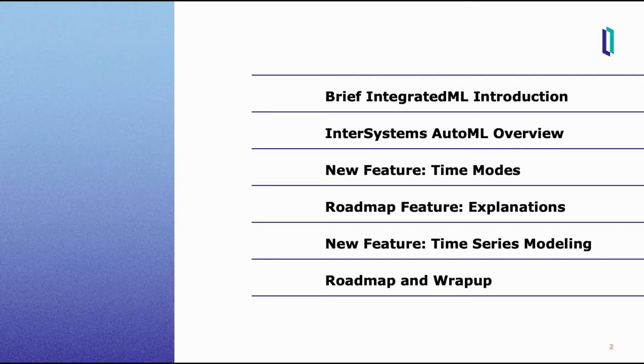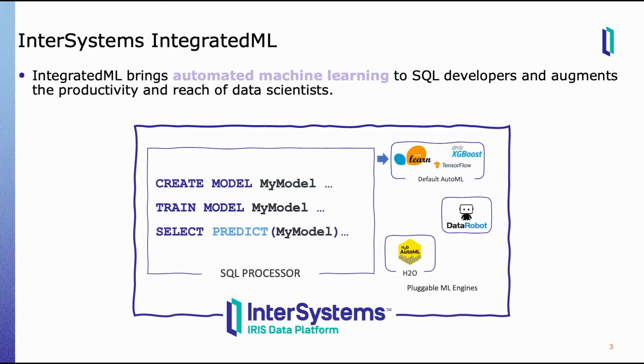It's in the hopper: getting explanations from your models. And also a new feature, time series modeling, so doing forecasting with IntegratedML. It's a feature that Colin's been working on. He's going to show us how it works. It's some new syntax and some new capabilities. And we have an early access program for it. And then we'll wrap up after that.